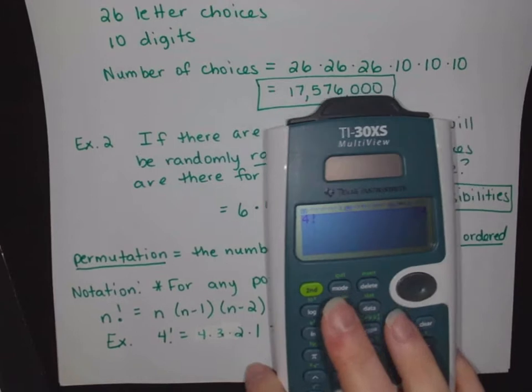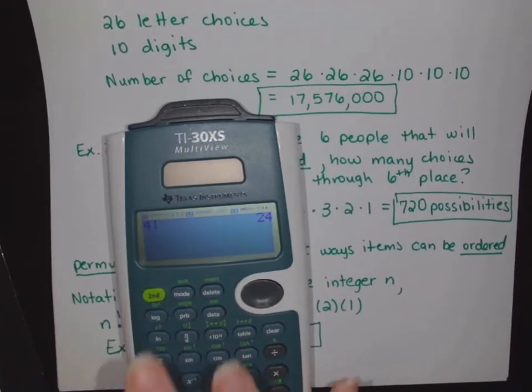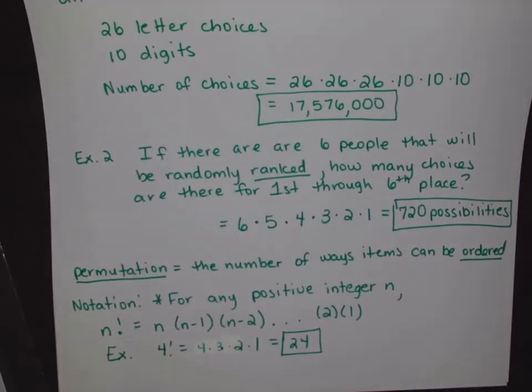It'll give you the answer of 24, which is what we got. Now you can also just manually do it, 4 times 3 times 2 times 1, using the multiplication key, but we may be doing some numbers where it would definitely be helpful for you to know where that factorial button is. So get out your calculator and maybe play around with that.